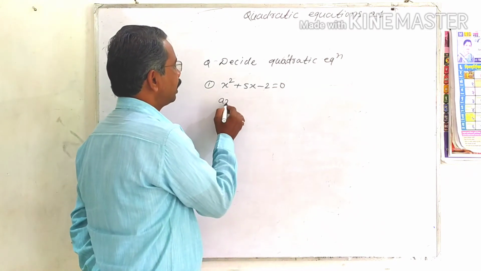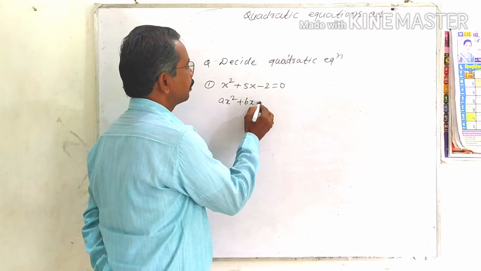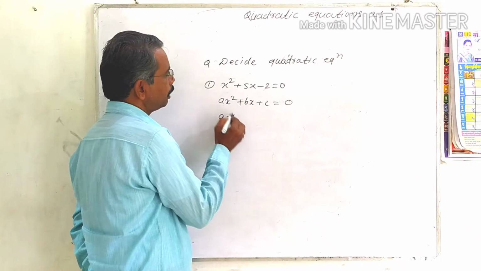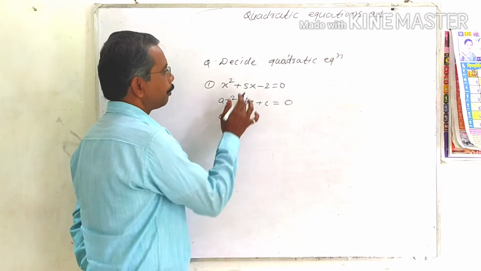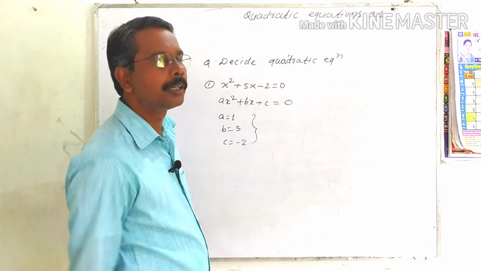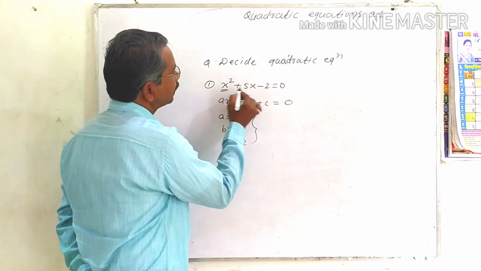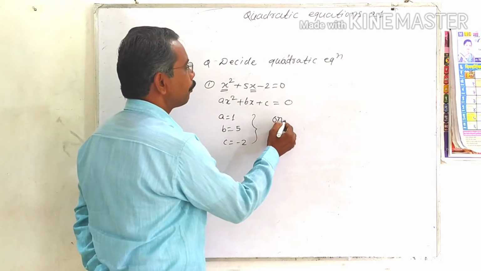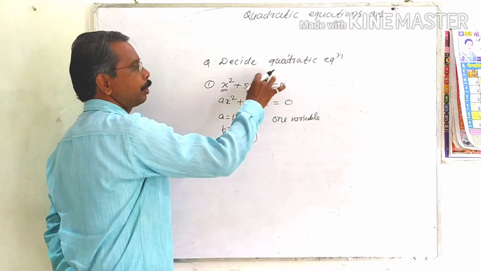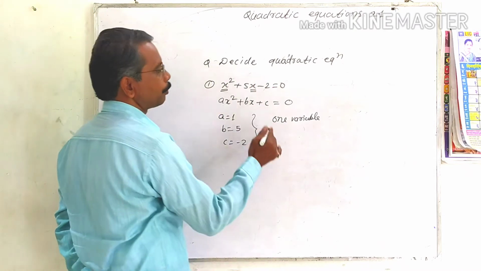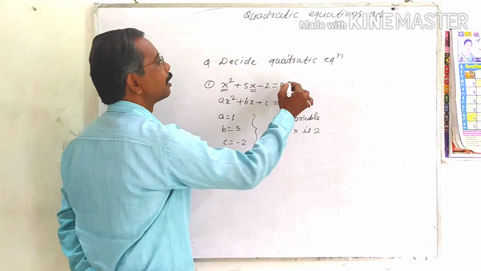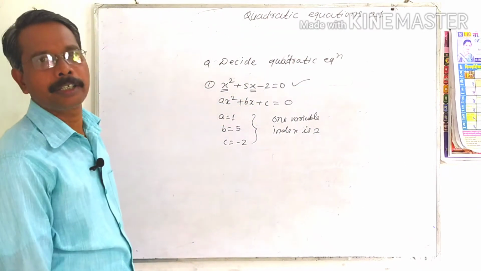Our general form is ax square plus bx plus c equal to 0. Here a equal to 1 because here is 1, b equal to 5 and c equal to minus 2. Now look at the x, means one variable, and here is index 0, index 1 and index 2, and hence it is a quadratic equation.